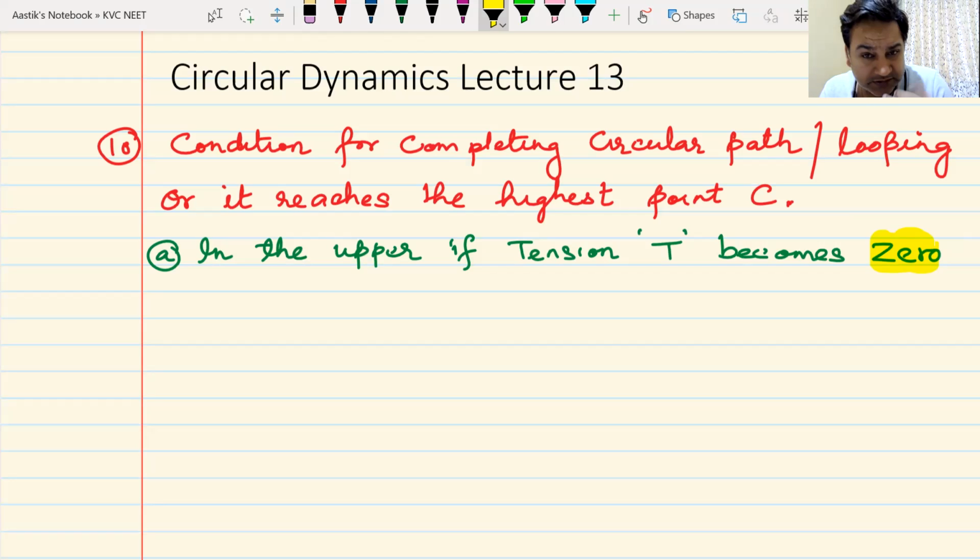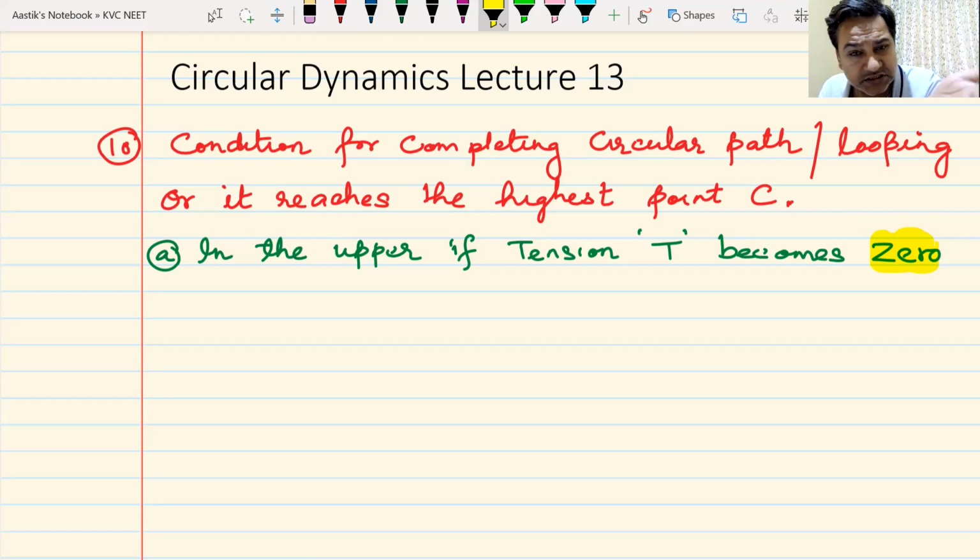Now, tension becoming 0 means the string gets slack or the string breaks. When the string becomes slack, there is no tension in the string. And you remember why this body is making circular motion?